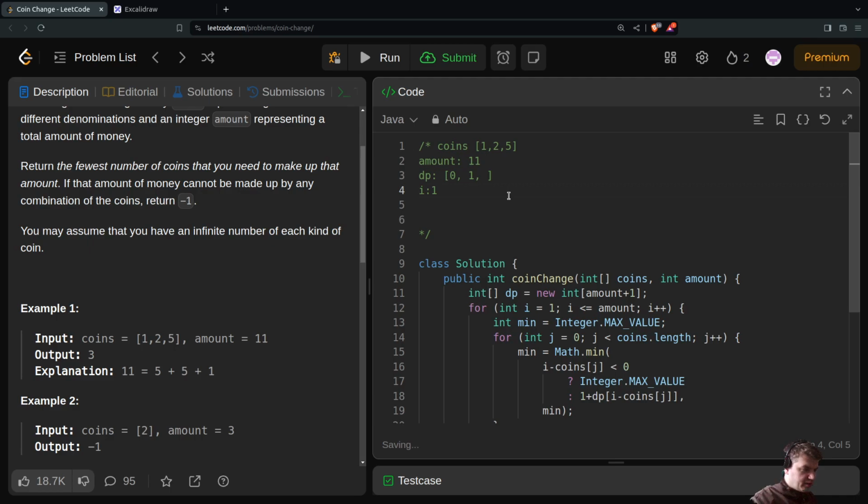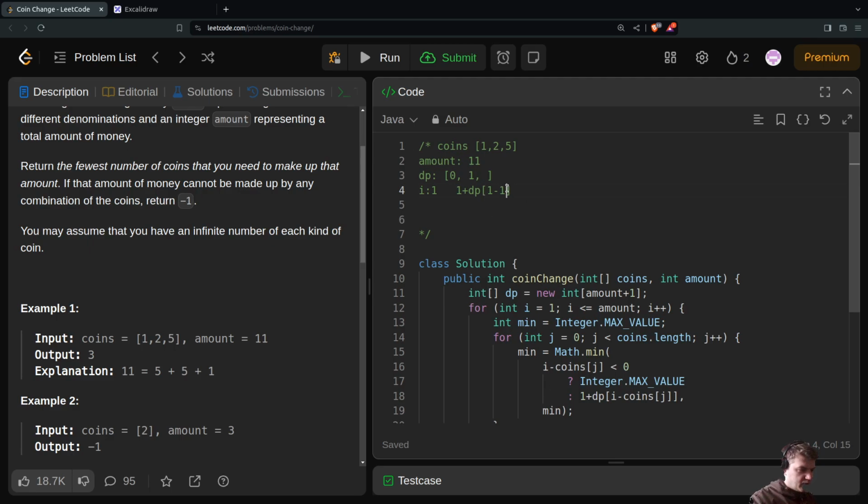I'll add at index 1: 1 plus dp of 1 minus the first coin 1, so 1 plus 0.